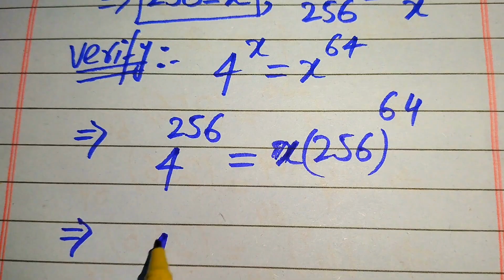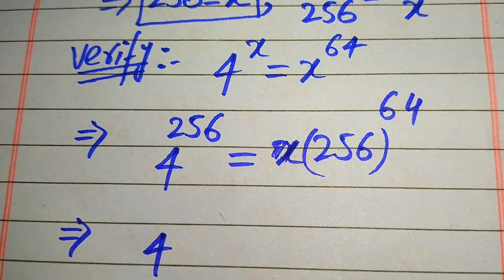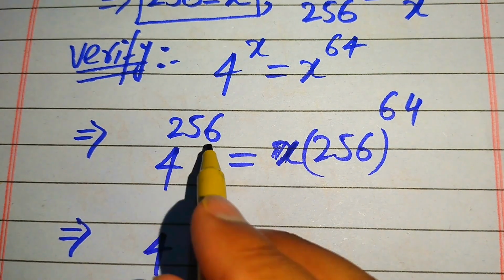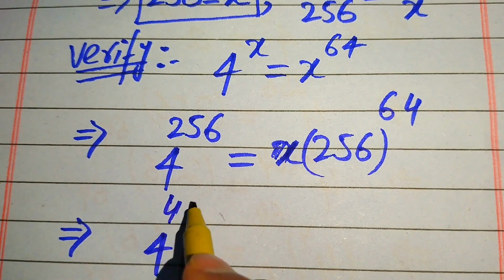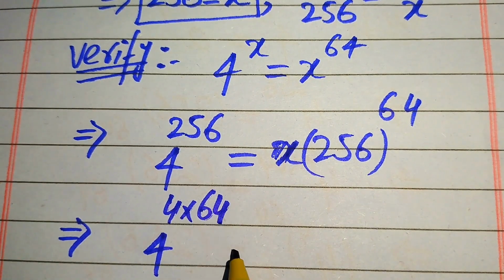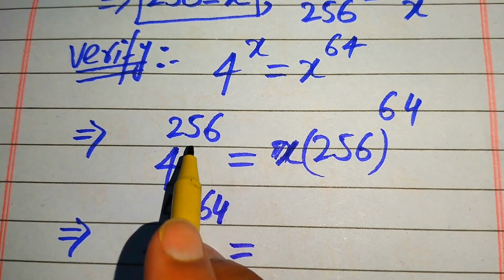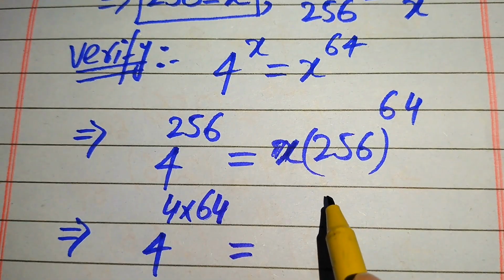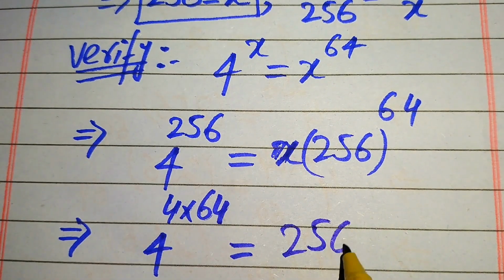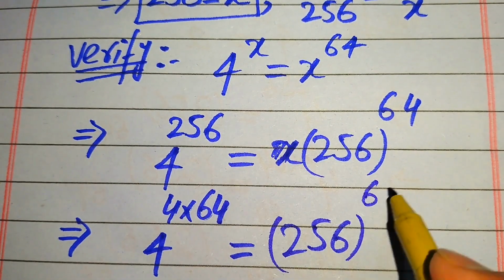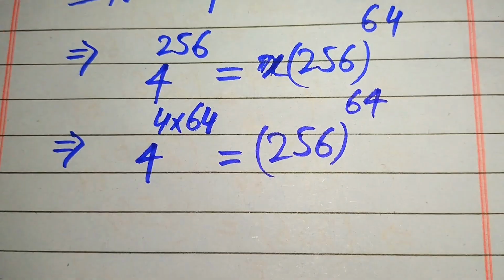So for this we break the exponent of the left hand side, and this 256 we write as 4 times 64. We know that 4 times 64 becomes 256, and on the right hand side we have 256 to the exponent of 64.